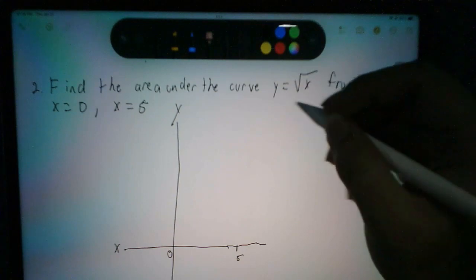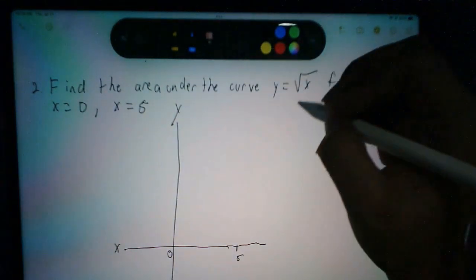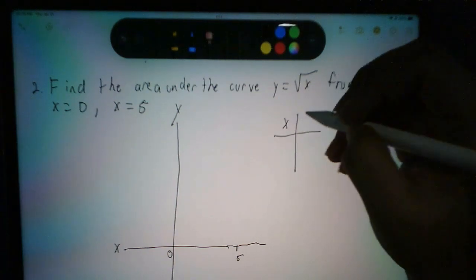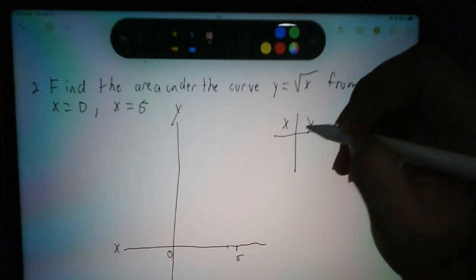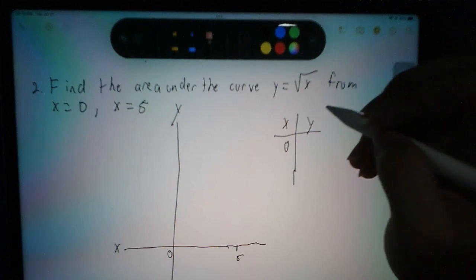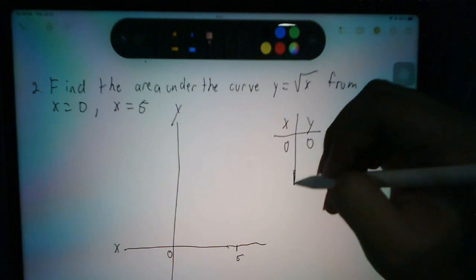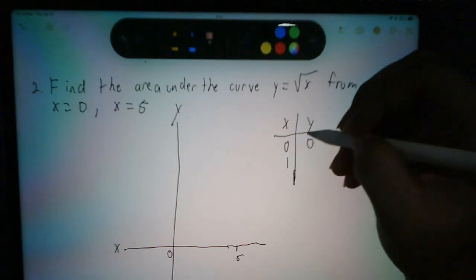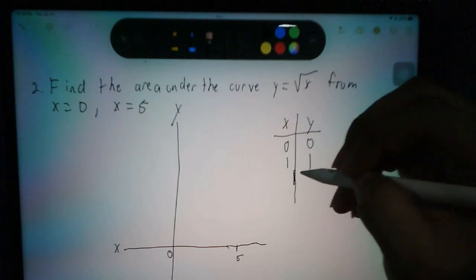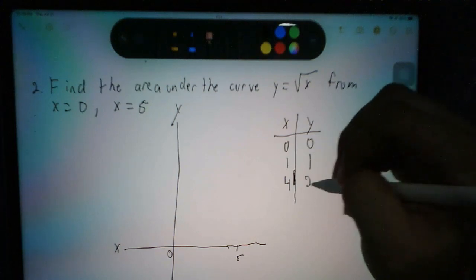Our curve here is, let's use the tabular method, x and y. If x equals 0, square root of x is equal to 0, and if our x equals 1, our y is also 1, and let's say our x equals 4, our y is equal to 2.